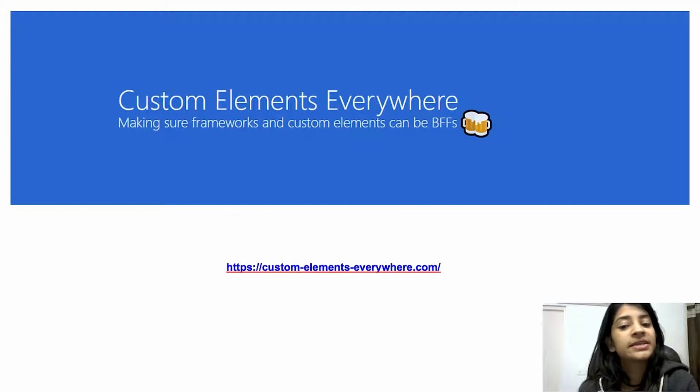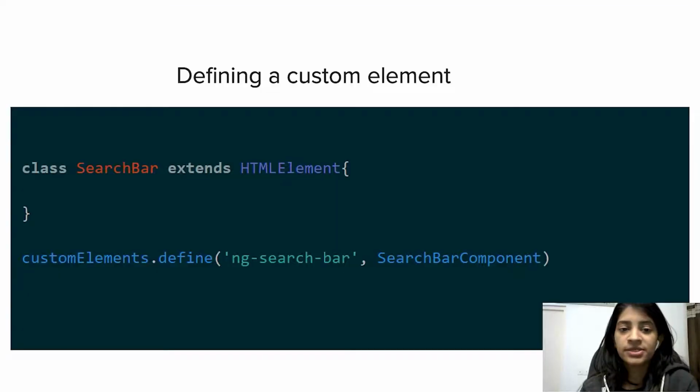Now, this is an interesting website which basically tells you about the compatibility of frameworks with respect to creating web components, and it's an interesting place to be if you're actually looking for options on which framework to use when you're trying to create your web components, or just create an application with multiple web components. So you can go to this.